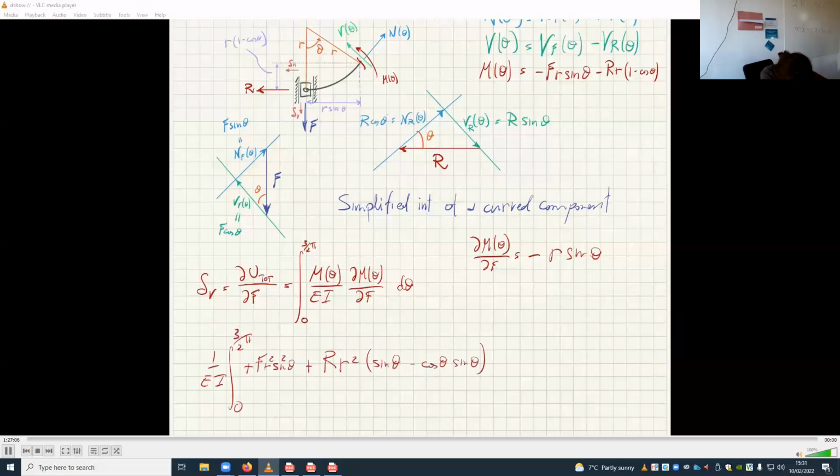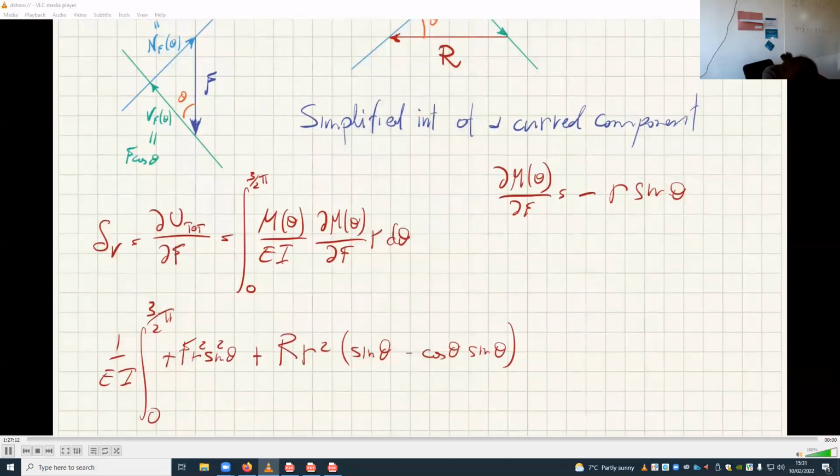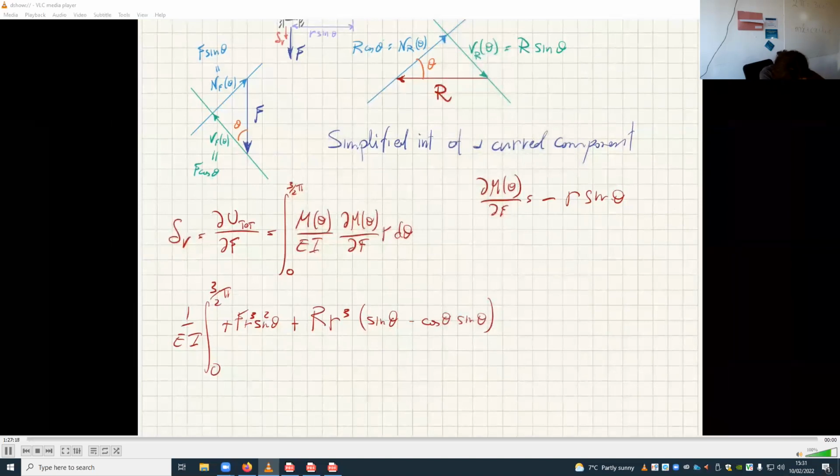No, this is not capital R, this is small r, remember, where the geometric r is this, so this becomes r cubed, d theta. Okay, looks very complicated, but I think it's fine. Should not be too hard.